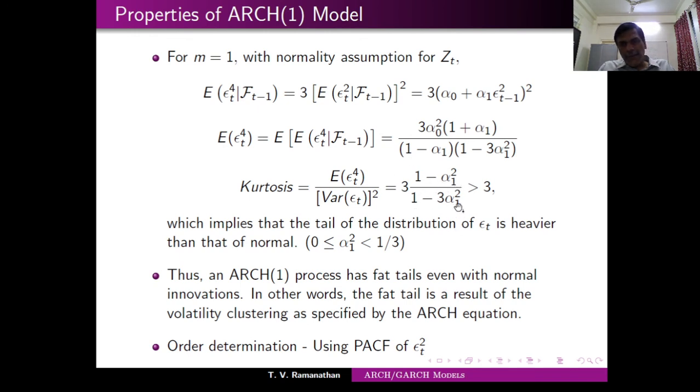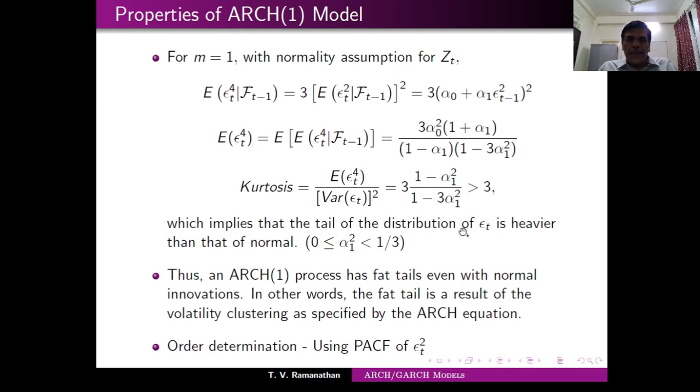Now since alpha 1 square is less than 1 by 3, you can see that this whole stuff is positive, because otherwise you get negative, and we don't want negative here. So this quantity will be greater than 1, and because there is a 3 here, the kurtosis is greater than 3. Kurtosis greater than 3 shows that you have heavy tails.